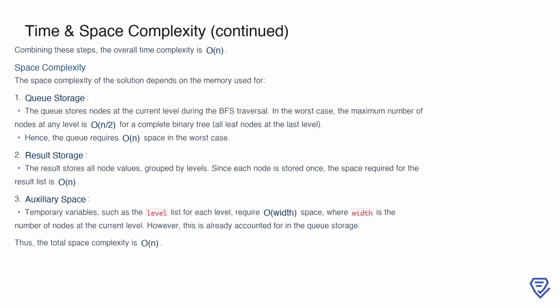Since each node is stored exactly once, the space required for storing the result is also O(n). Furthermore, temporary variables like the level list used during traversal require space proportional to the number of nodes in the current level. However, this space is already factored into the queue storage. Adding these together, the total space complexity of the solution is O(n).